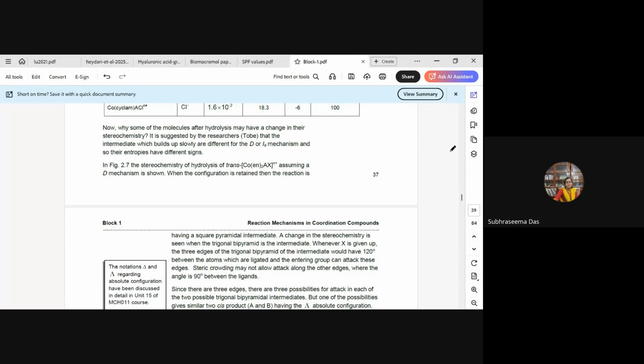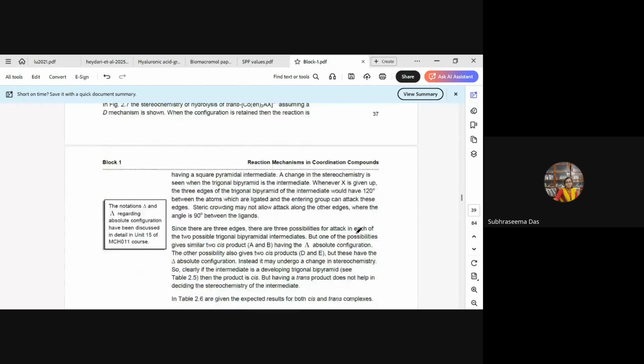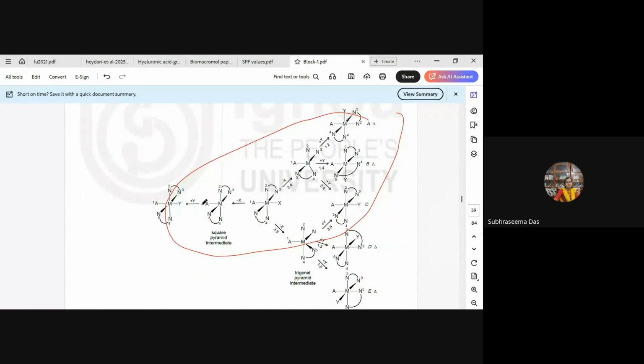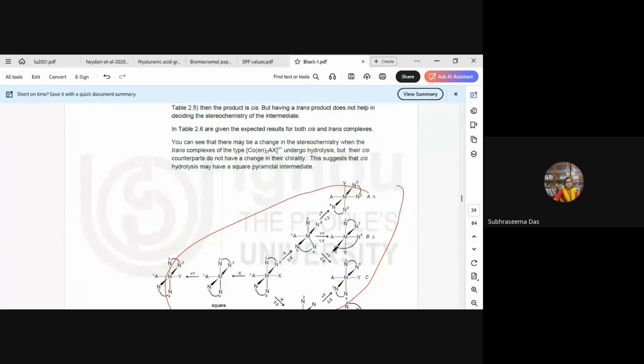When the configuration is retained, the reaction has a square pyramidal intermediate; the intermediate acquires a square pyramidal structure. But a change in stereochemistry is seen when a trigonal bipyramid becomes the intermediate.